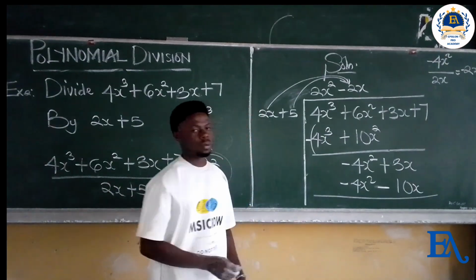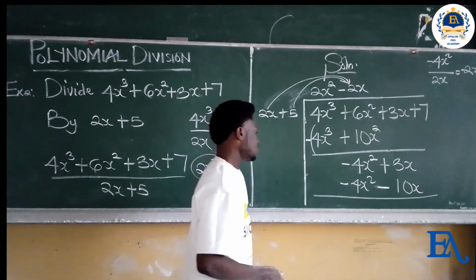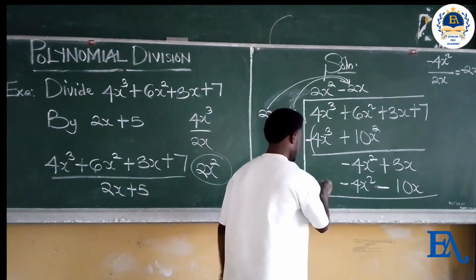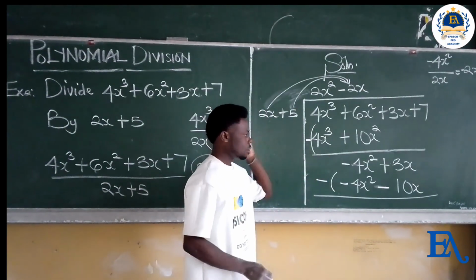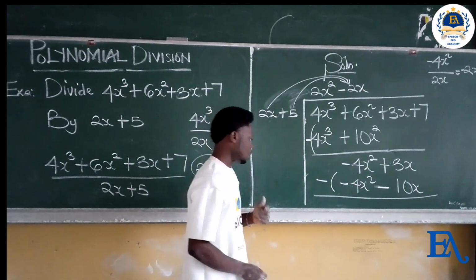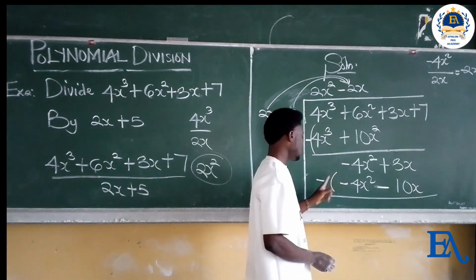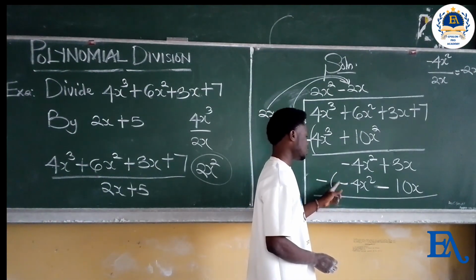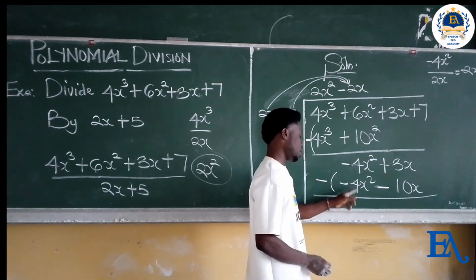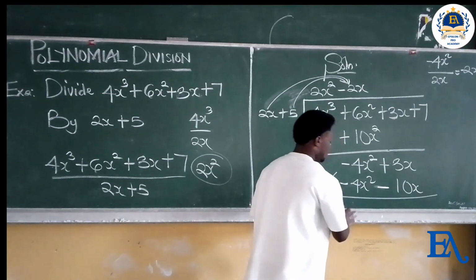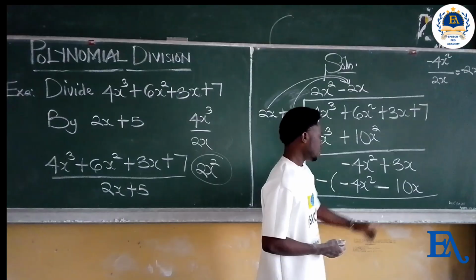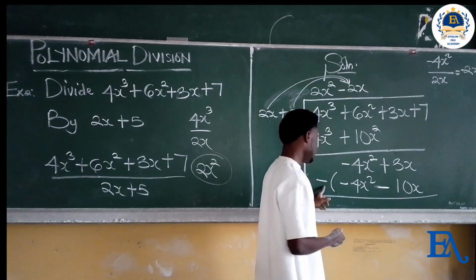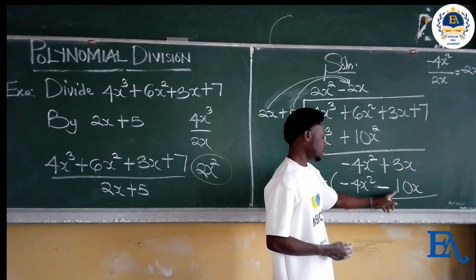The next is step number 3. In step number 3, we are required to subtract this from this. If we subtract, we're going to obtain minus 4x squared minus minus 4x squared; minus times minus is plus, minus 4 plus 4x squared gives 0. Let us omit the 0 and move to the next term. 3x minus minus 10x.